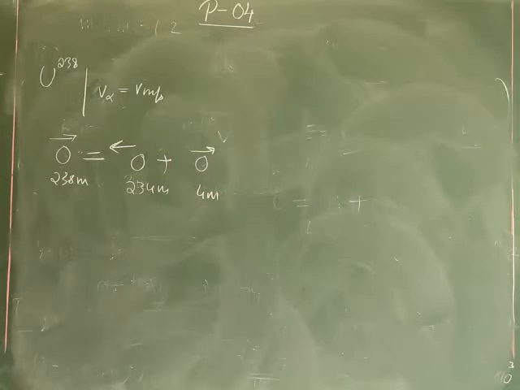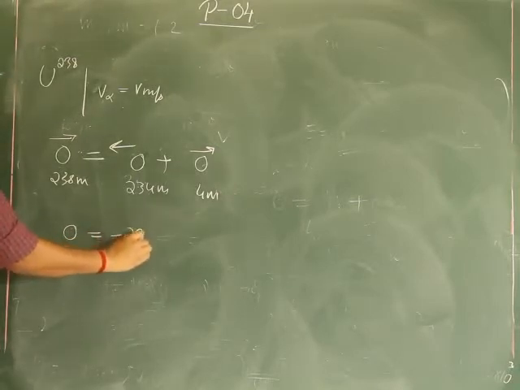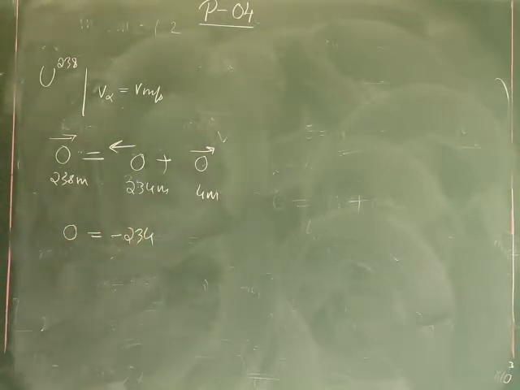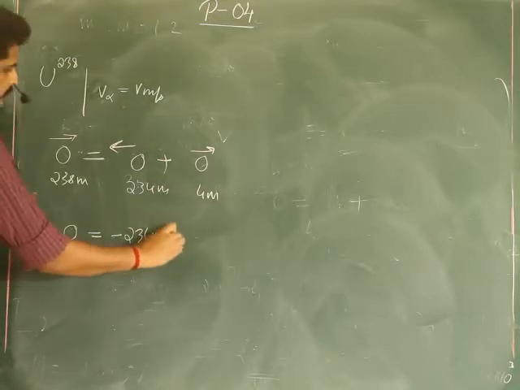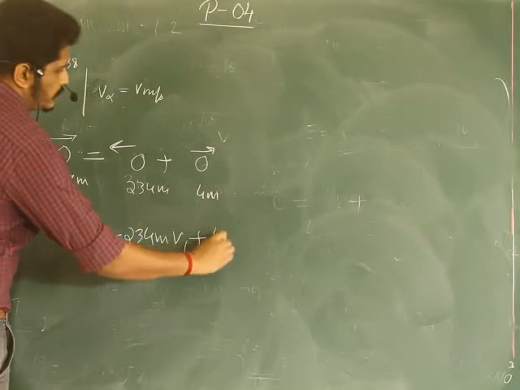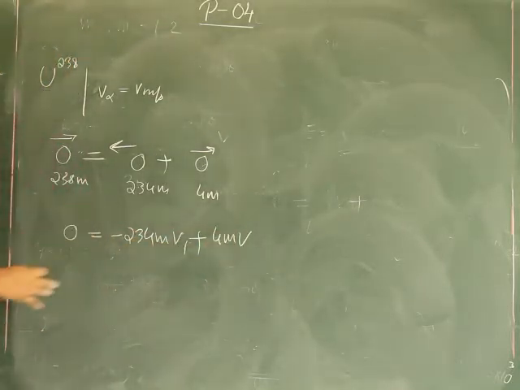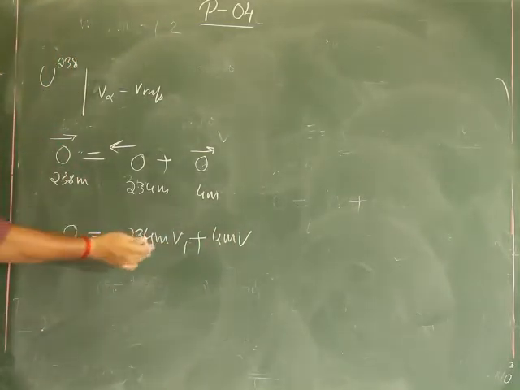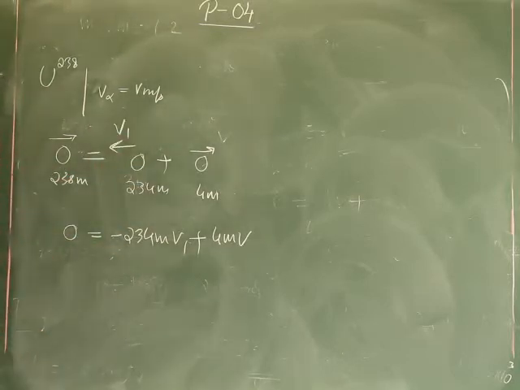If we apply conservation of momentum, initially before disintegration, the momentum is 0. After disintegration, this becomes minus 234 m into V1 plus 4 into m into V. I have taken V1 for the residual nucleus, and just V for the alpha particle.